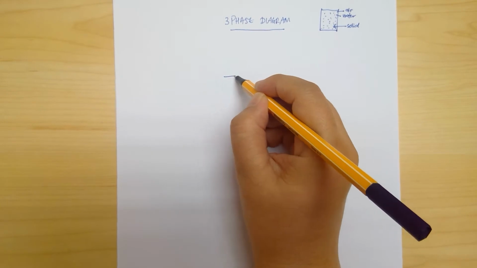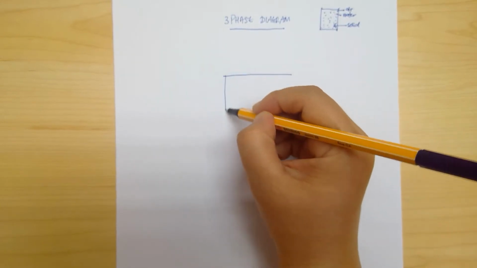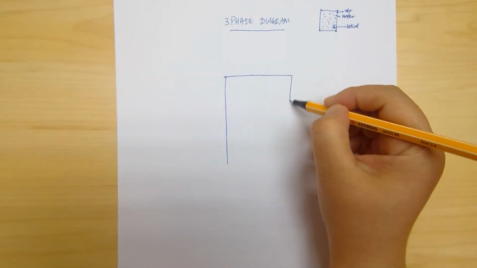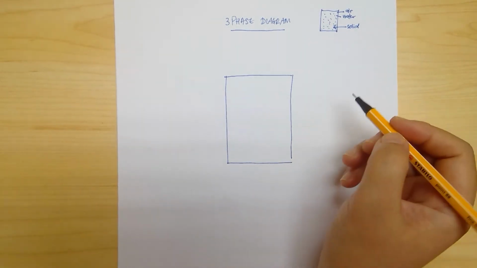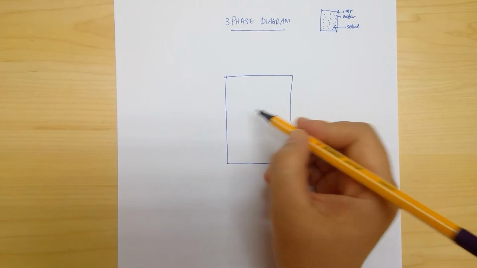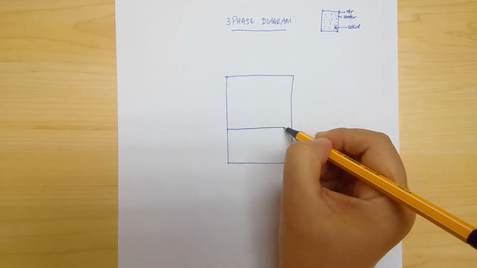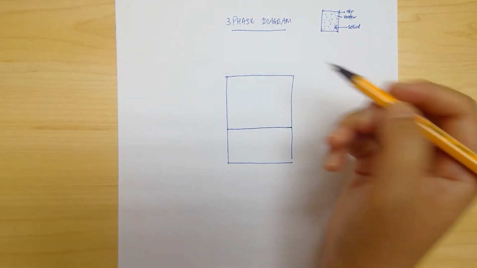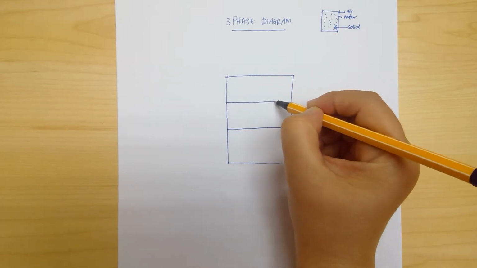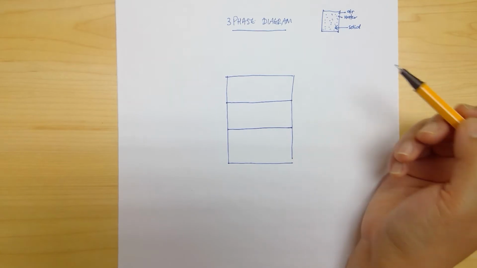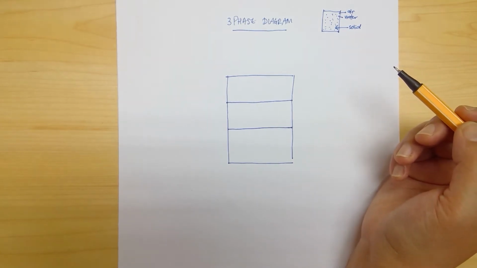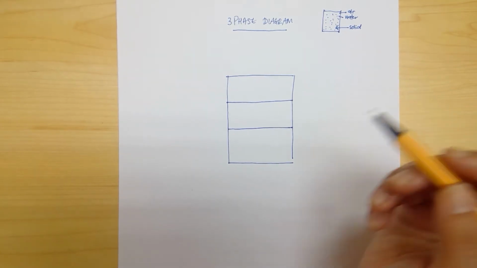Okay, what you can do is draw like this, and then we will segregate all the elements based on their density. The dense element, we will put at the bottom of the three-phase diagram. The intermediate is less dense, and the upper part will be the lightest in terms of density.